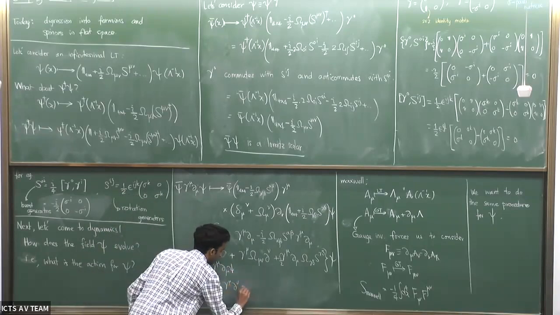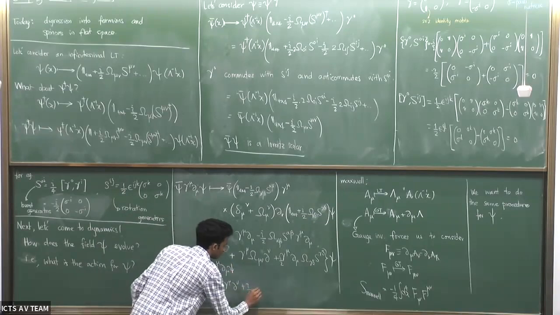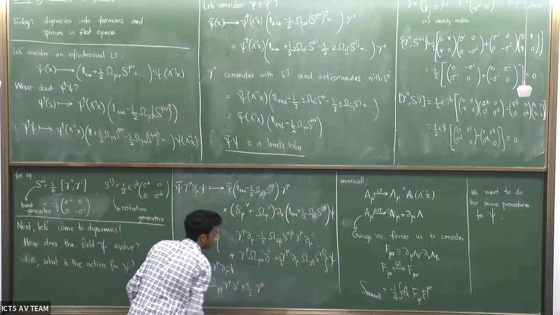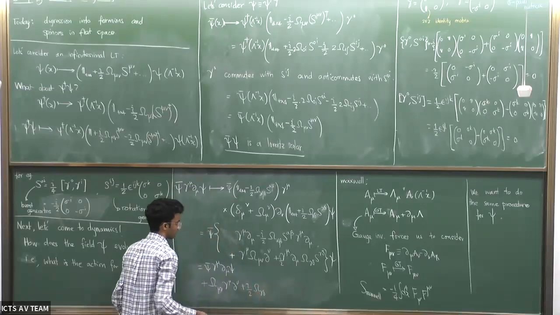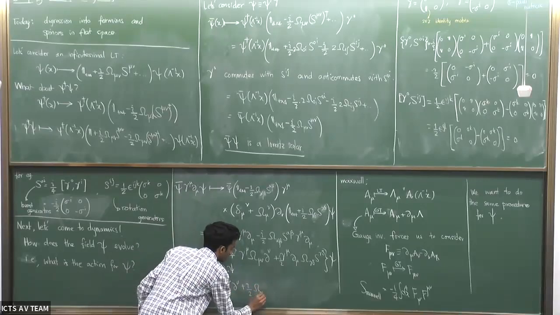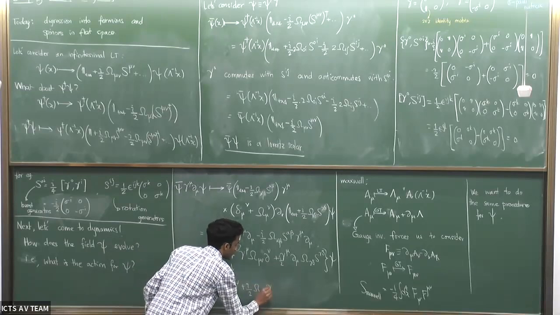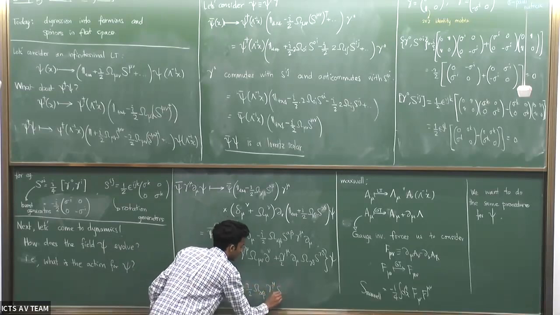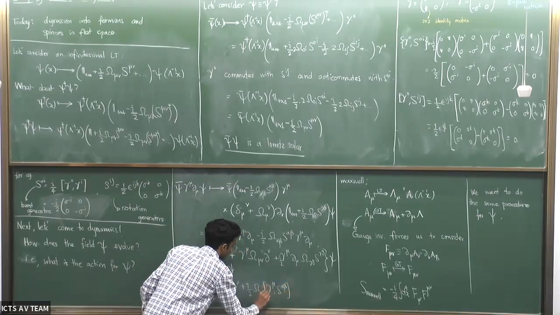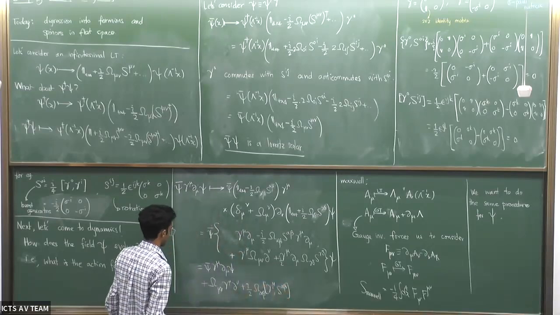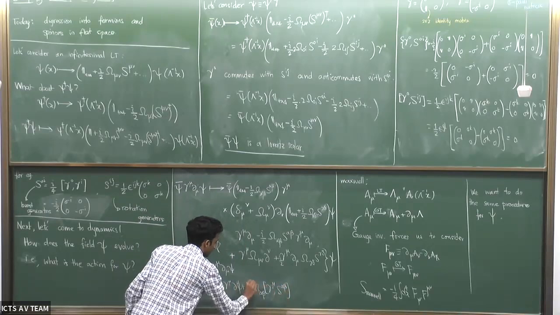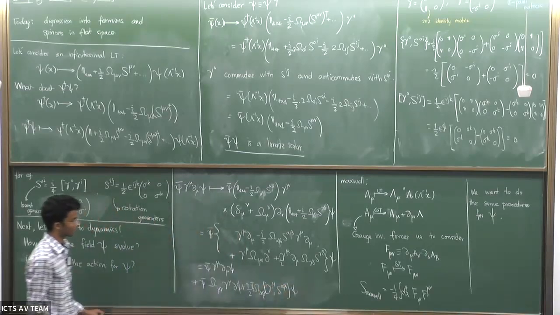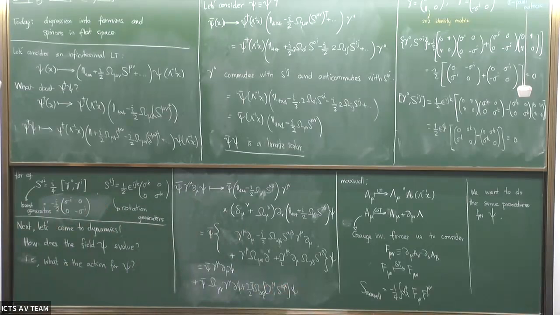And you have i over 2, omega alpha beta, gamma mu, S alpha beta, psi bar and a psi, del mu.